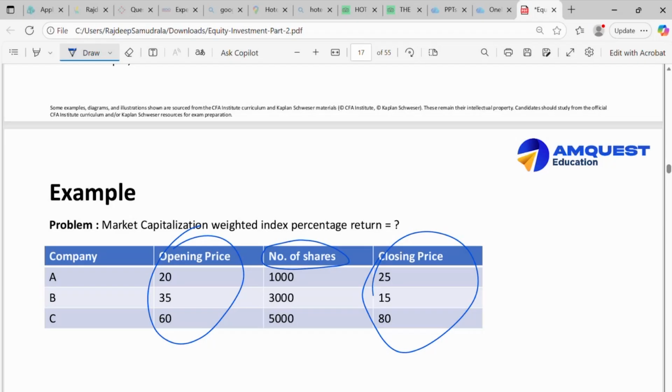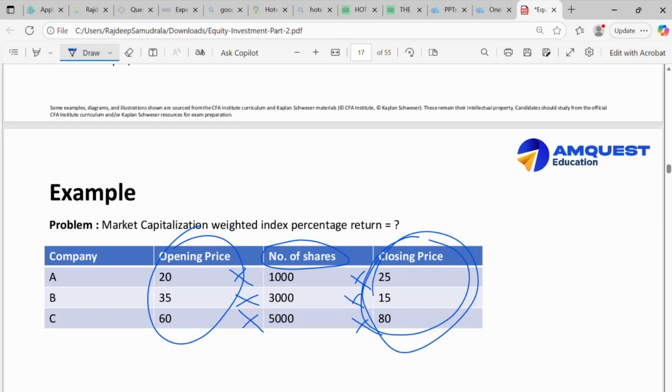So you know the market cap of A company is 20,000, B is 1 lakh 5 probably, multiply, and C is 3 lakhs. Now, for the closing value, you'll have to multiply by these respective numbers to arrive at the closing market cap value.